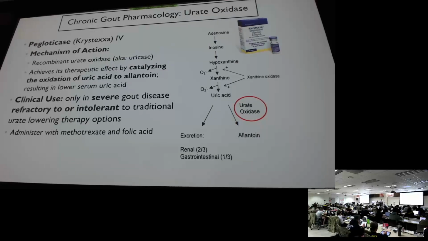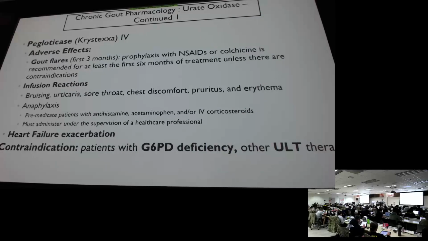It's for severe gout, refractory or intolerant to traditional urate-lowering therapy options. Interestingly enough, it's given with methotrexate, which means it's going to be given with folic acid, just like when you give methotrexate for RA, right? And then the adverse effects, same for all ULTs, gout flares.